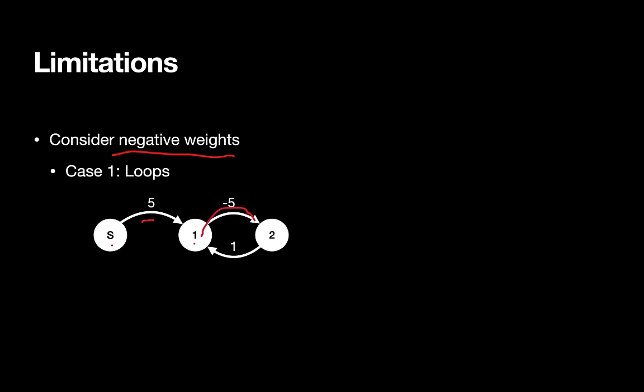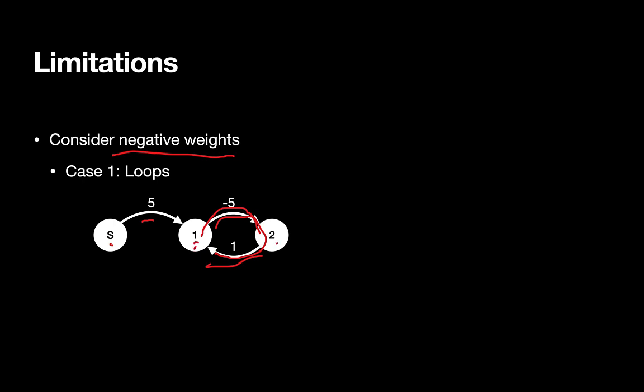And then we've got a cost of negative 5 to get to vertex 2, followed by a cost of 1. So initially, we'd assume that the distance from S to 1 is 5. But it turns out that we've got this loop here where we can end up subtracting 4 by going from our start to node 1 to 2, and then back to node 1.